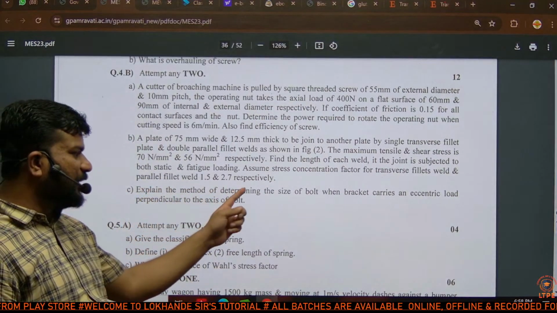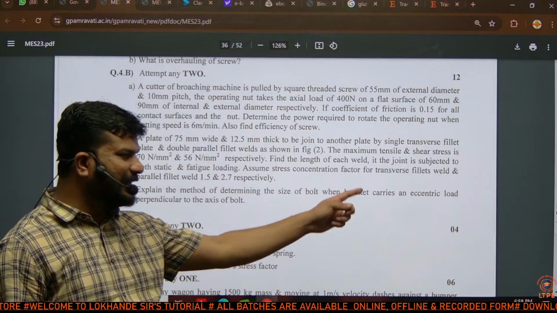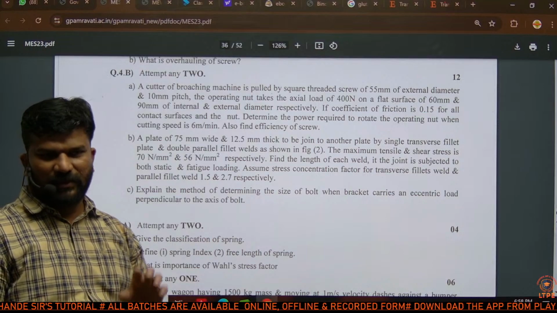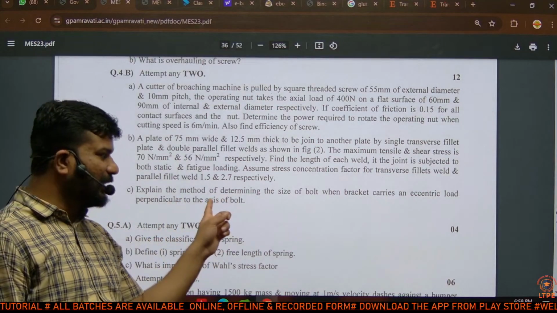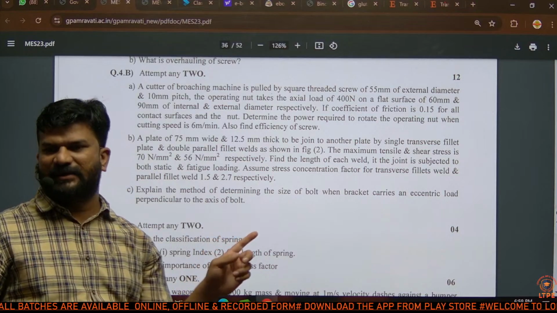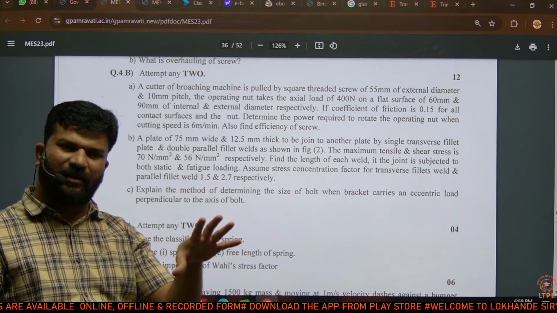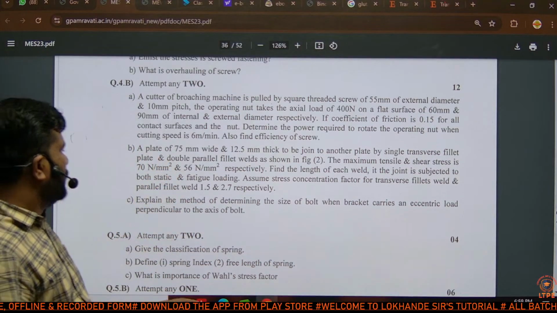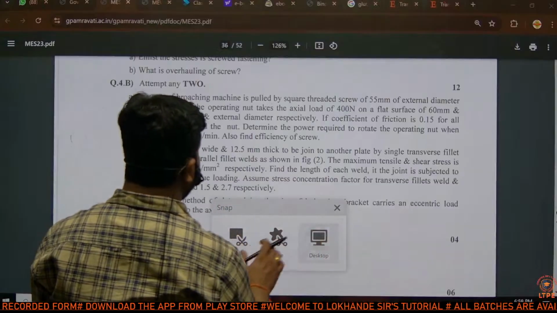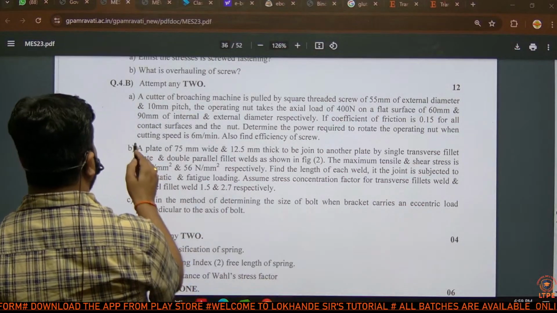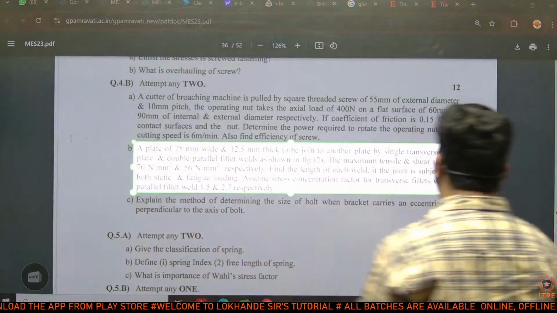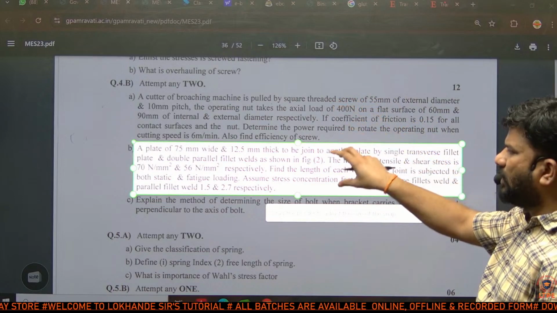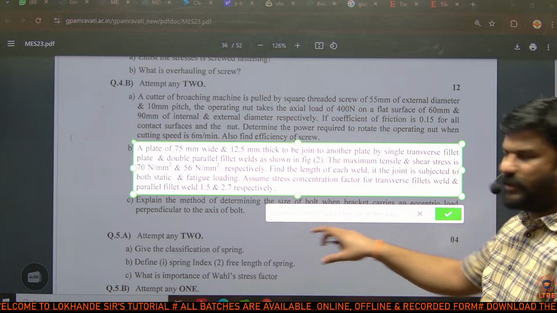Explain the method of determining the size of weld when the bracket carries an eccentric load perpendicular to the axis of the bolt. The syllabus says no derivation, but since it is asked, I have taught it by design. If design is asked, write the design; if a problem is asked, solve it. Let us check the example. One example is asked from the power screw, one is from welded joint and one is from bolted joint.